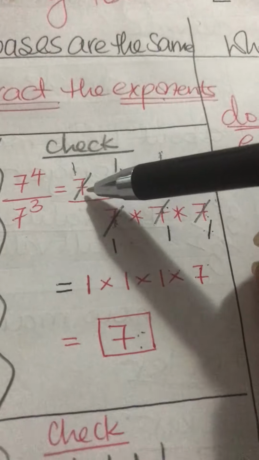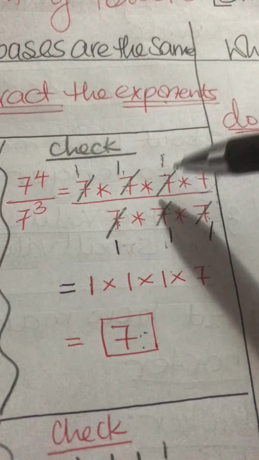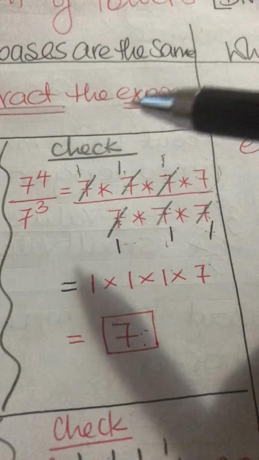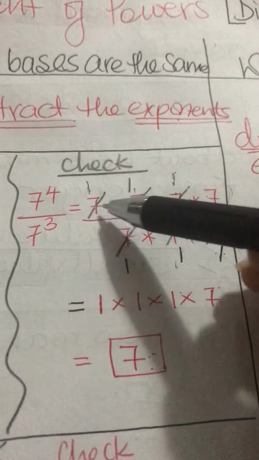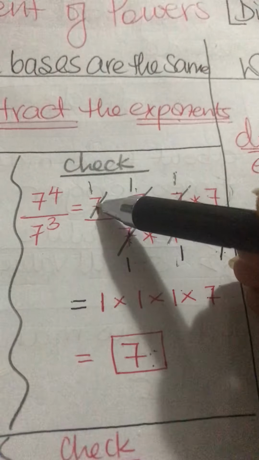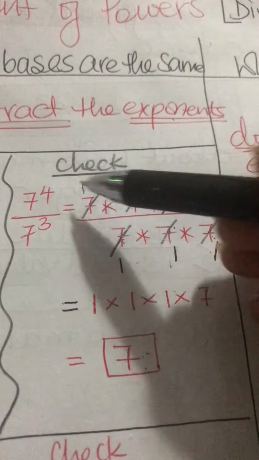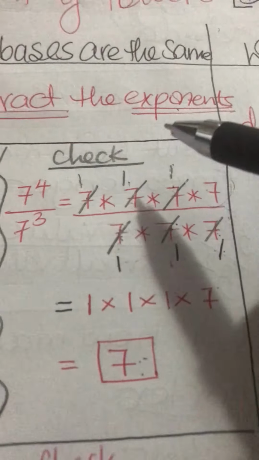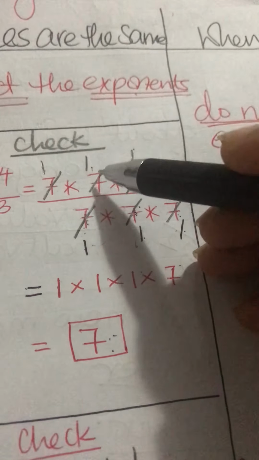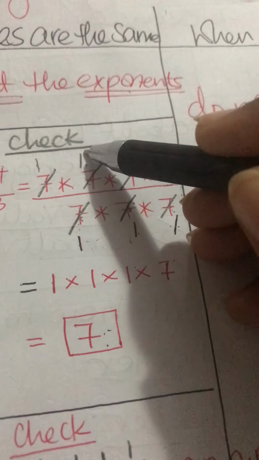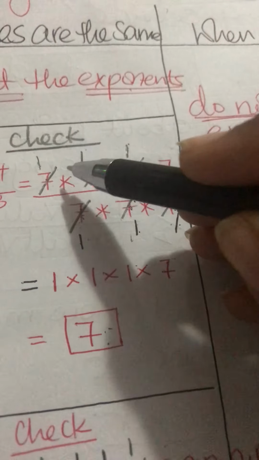And then, because they are the same, I am going to divide by using the crossing method. I don't have to do long division, the crossing method. So I say this 7 goes into this 7 one time. And I write 1 there and 1 here. This 7 goes into this 7 one time and goes into this 7 one time. That's what that crossing means.